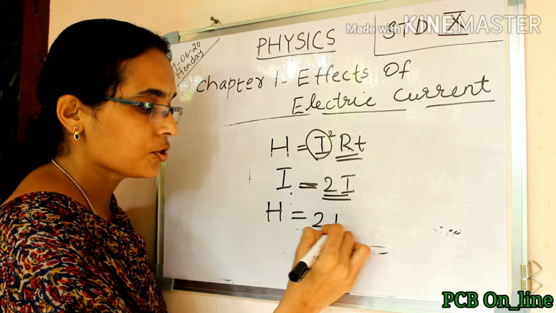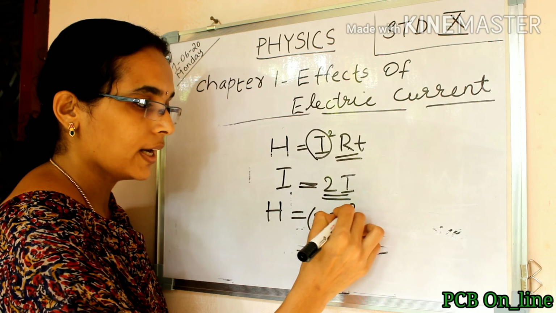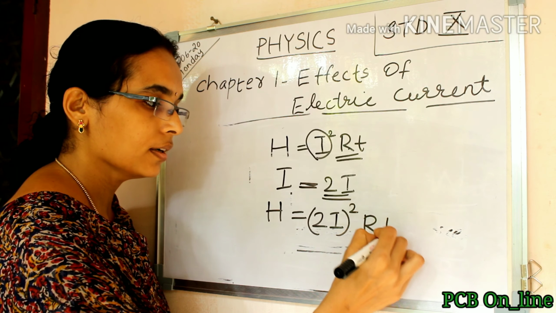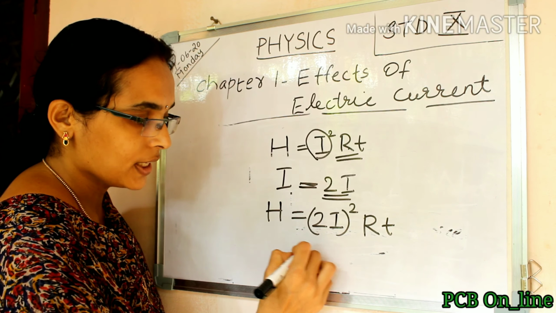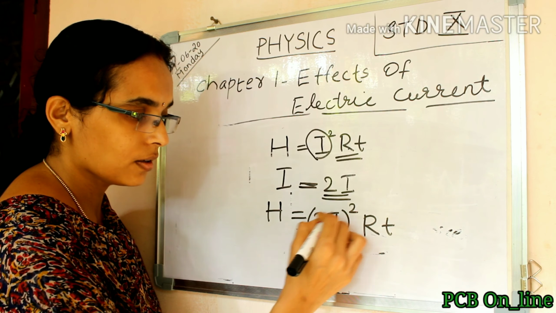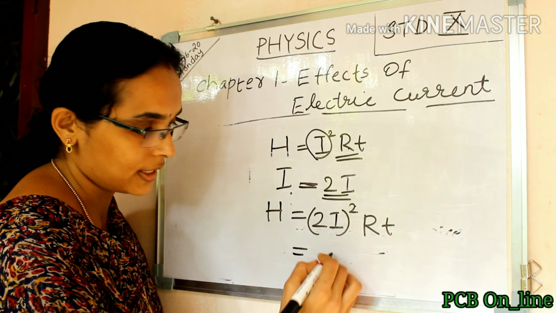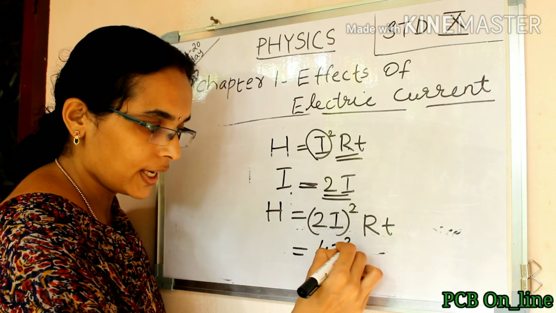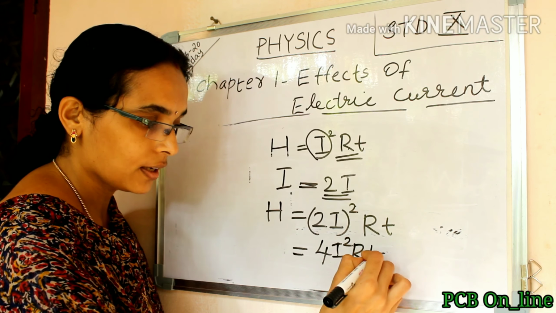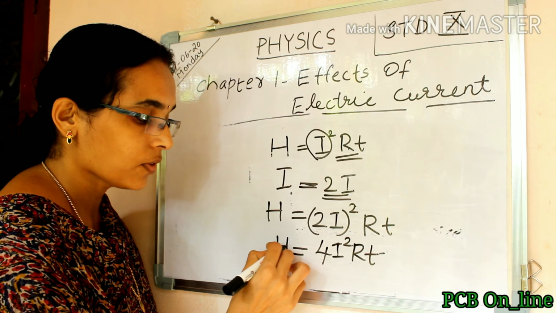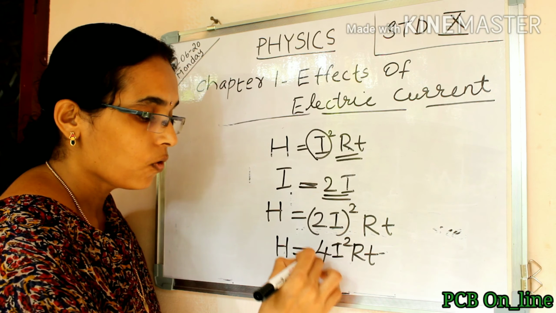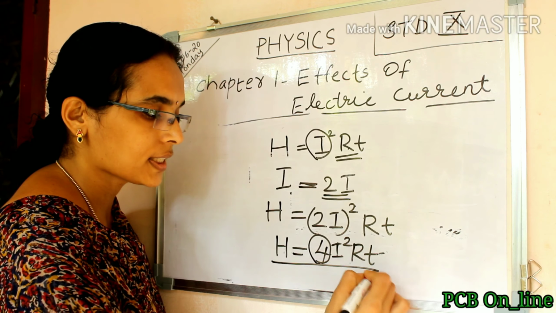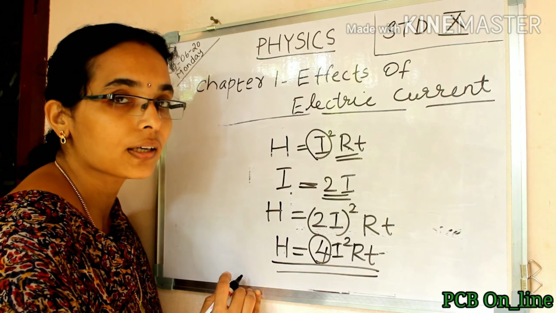That is 2I whole square into RT. That means 2 square is 4, so 4 I square RT. That is heat will be increased by 4 times. That is H is equal to 4I square RT.